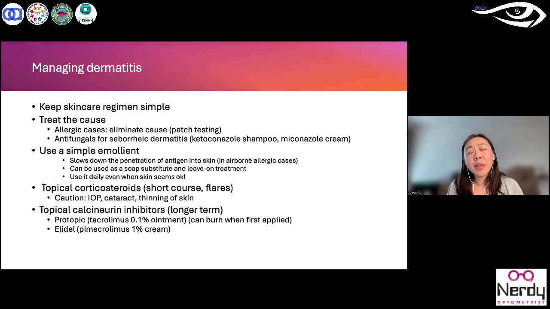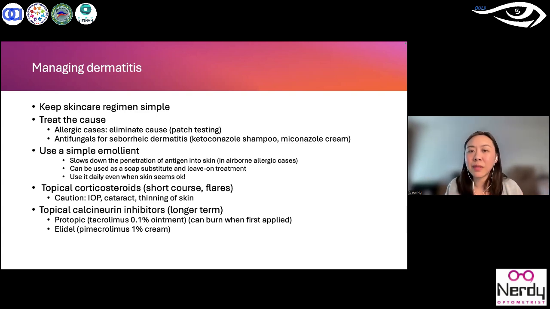For some patients, it might take a long time for them to work out exactly what it is that's a causative agent, and sometimes in some products, the same trigger ingredient for them might be present in lots of other similar products. So for some patients, you're going to refer to dermatology for patch testing to really determine what their triggering factor might be.